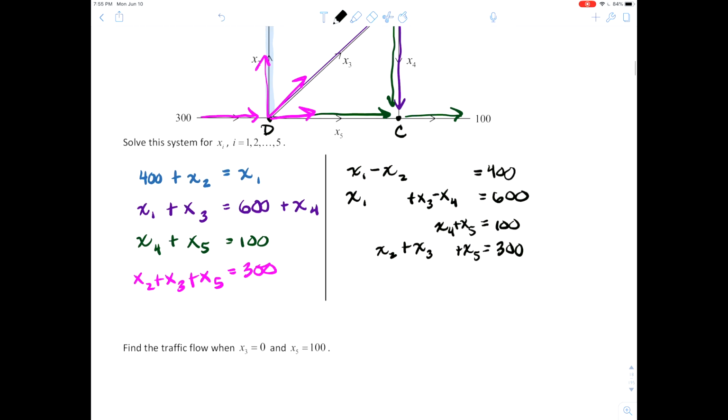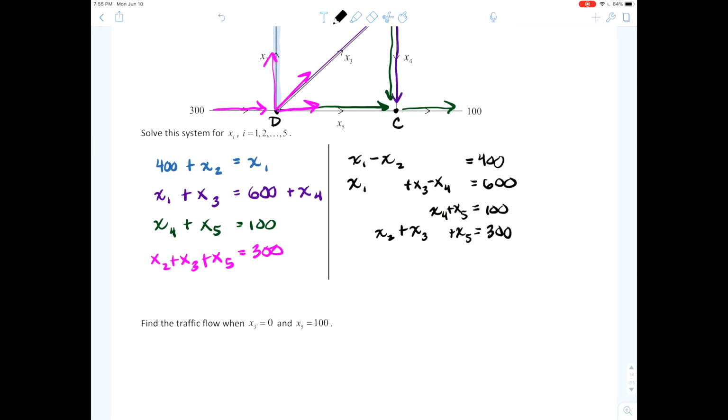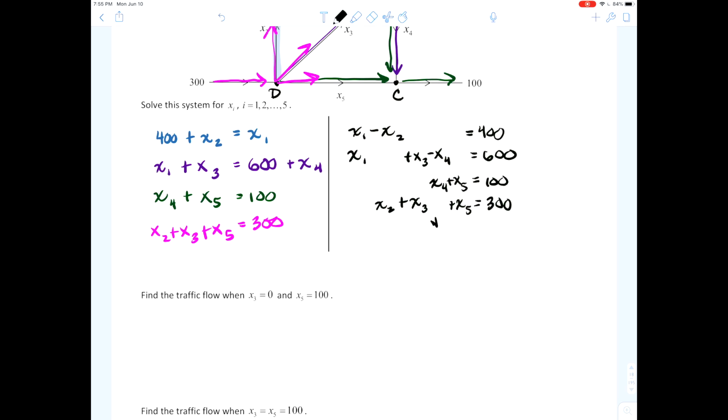So to solve the system, again, on something like this, why don't we go ahead and take a look at the technology?